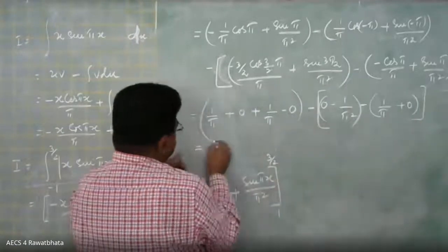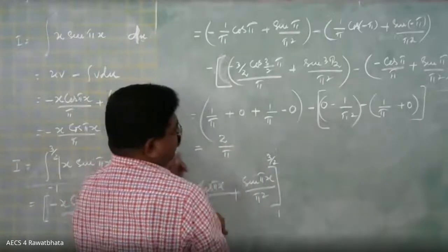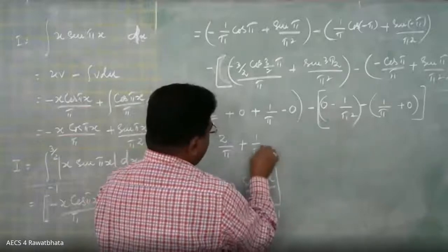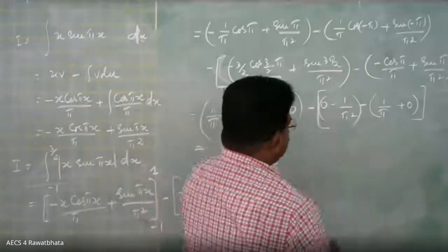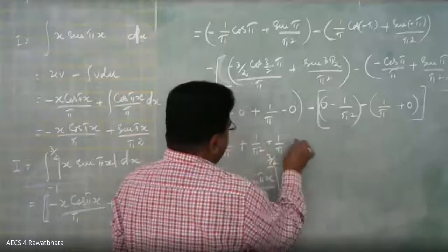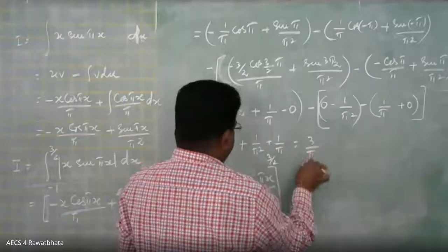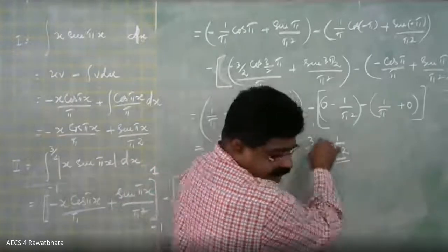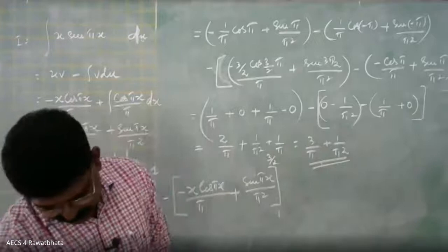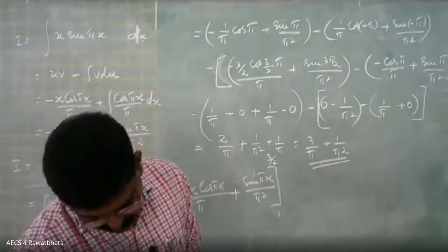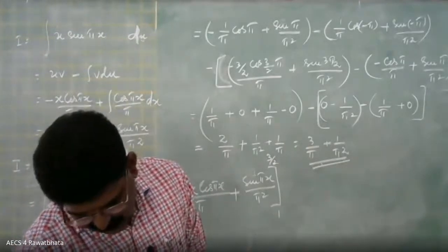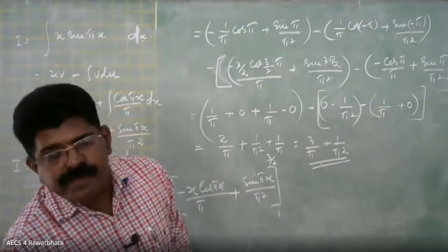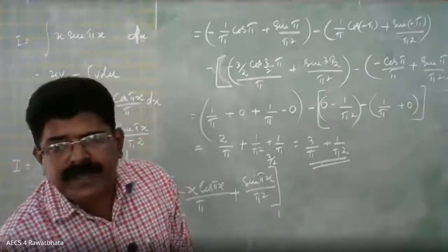So this is equal to 2 upon pi and plus 1 by pi squared, and minus minus there plus 1 upon pi, that is 3 by pi plus 1 by pi squared.